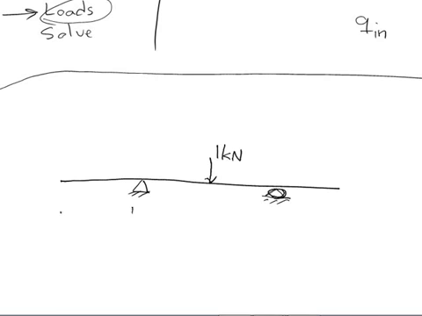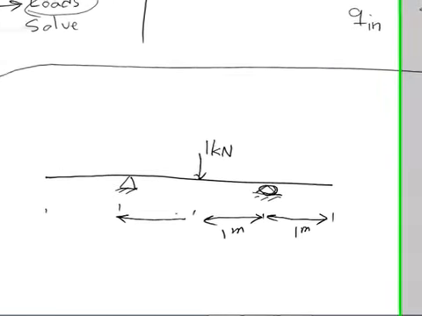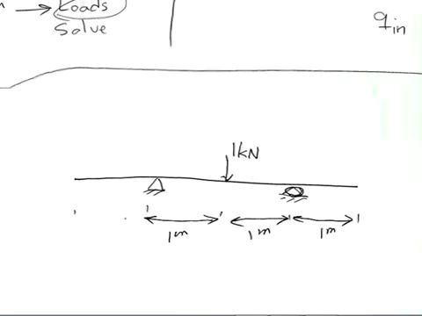These lengths are going to be equal, let's say 1 meter for all of them. Then apply the 1 kilonewton load right at the middle of this beam and run the analysis.